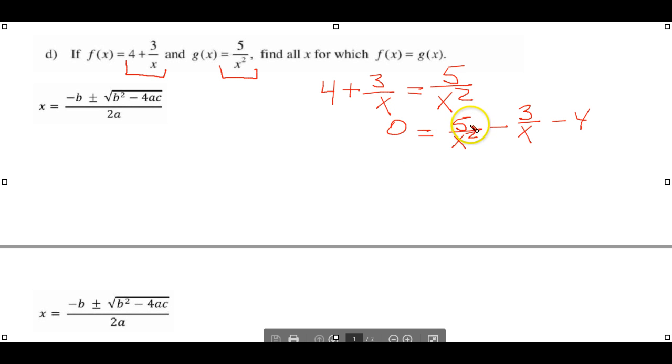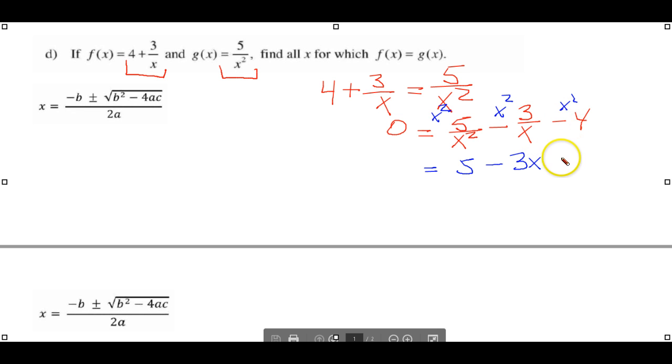So from an earlier module, we want to get rid of our fractions. So we're going to multiply every term by x squared. And when we do so, this becomes a 5. This cancels out. This becomes a negative. One of the x's cancel out, 3x.